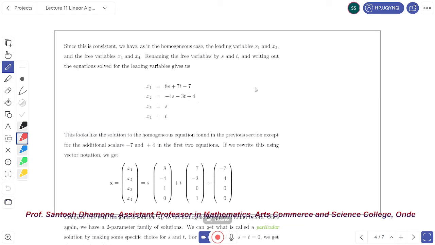If we write this using vector notation, we get x is equal to the vector x1, x2, x3, x4. This is a column vector. We call it the variable matrix or unknown matrix. We write this system as follows.